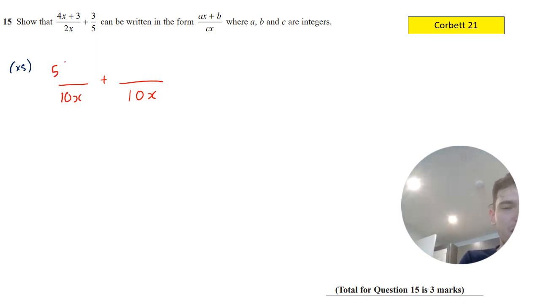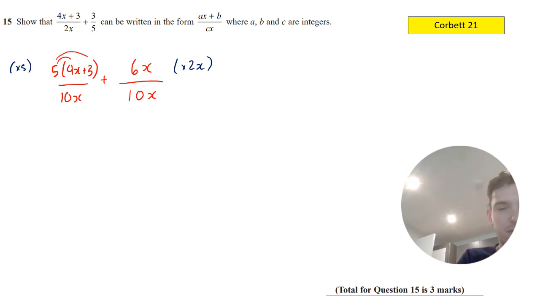So 5 times by 4x plus 3, that's my first numerator. And then how do I get from 5 to 10x? Well, I think I'm going to multiply by 2x. So 3 times by 2x is just 6x. And now I just need to do some algebra and simplify the numerator.